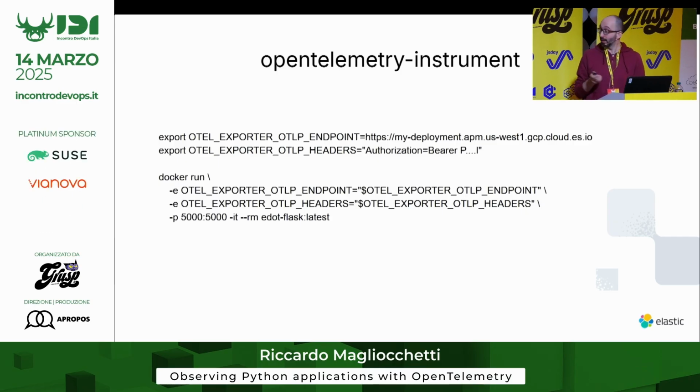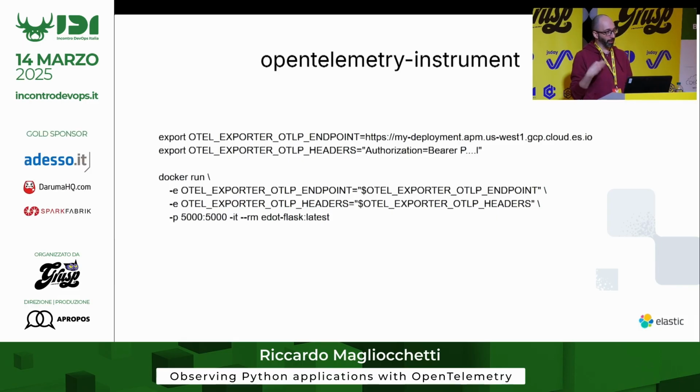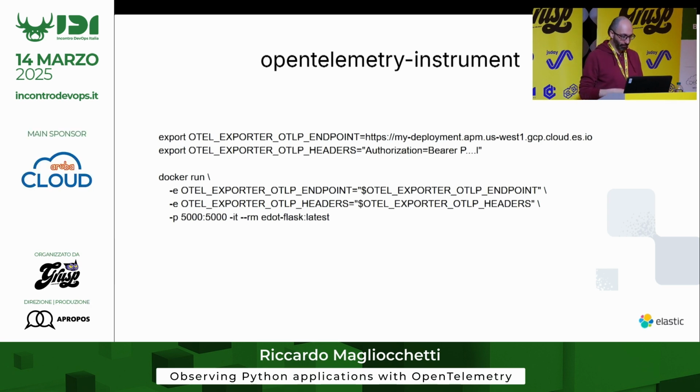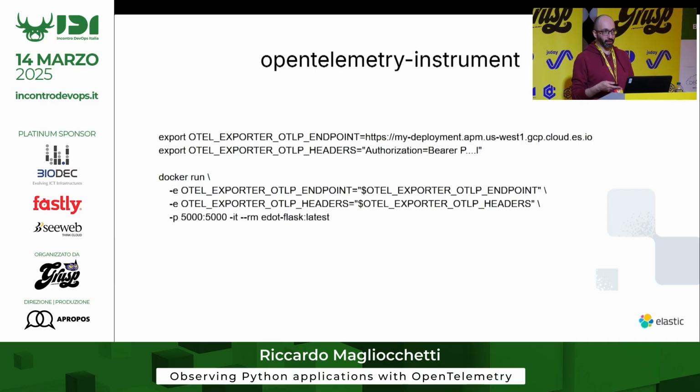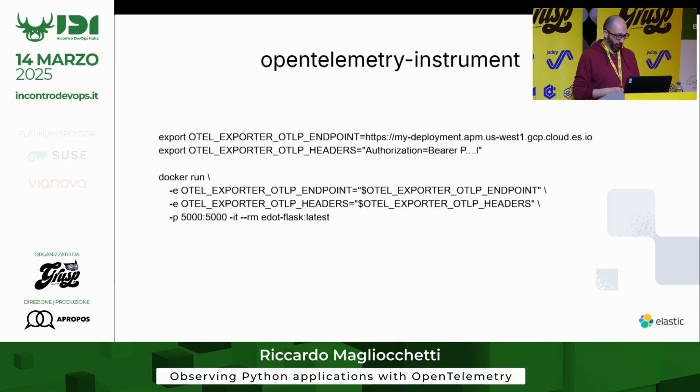This is a redacted example where we are setting the endpoint of the OTLP receiver where we are sending our data, and also some headers where we are sending the authentication for that endpoint. And by the way, if you're using a local collector with the gRPC receiver without authentication, you can skip these two parameters because it will work out of the box.